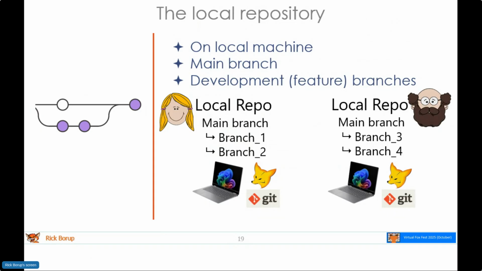But in any case, at this point, there's essentially a barrier between the two. Not physically, but both of them are individually working locally. Nothing that they're doing is affecting the other one at this point, unless they choose to share it in some way. But the idea is that this is all local for both developers on the team.